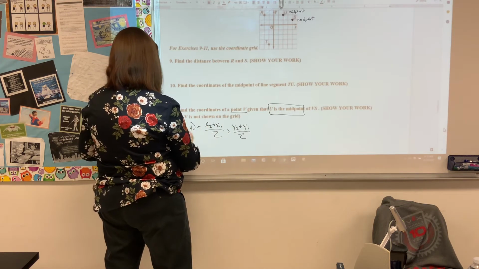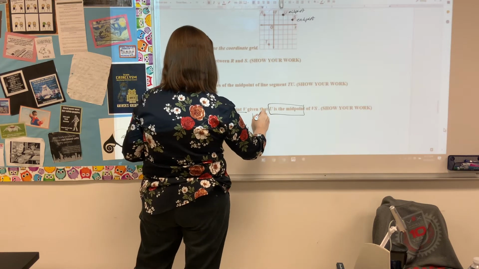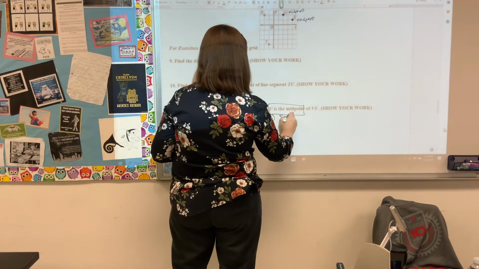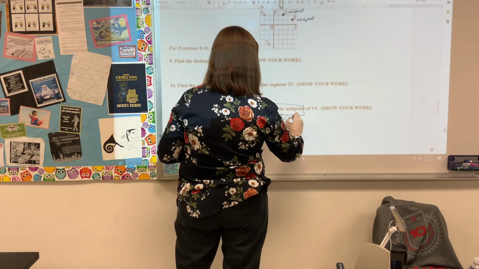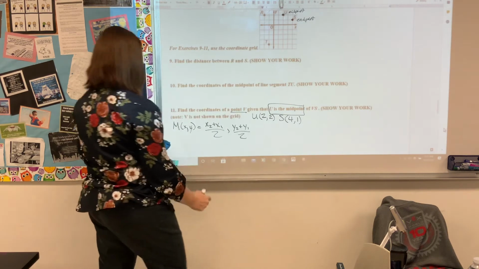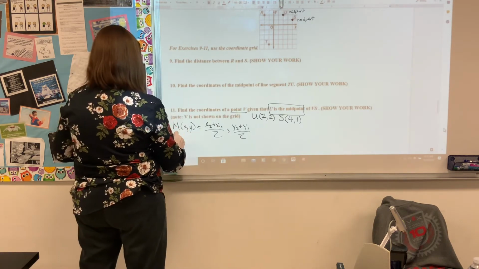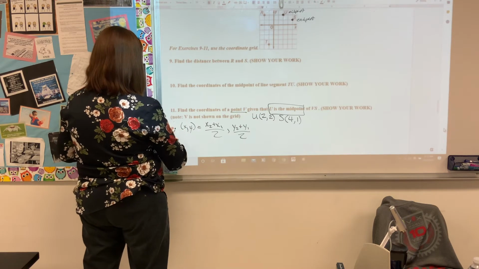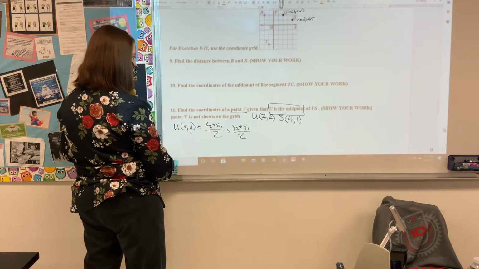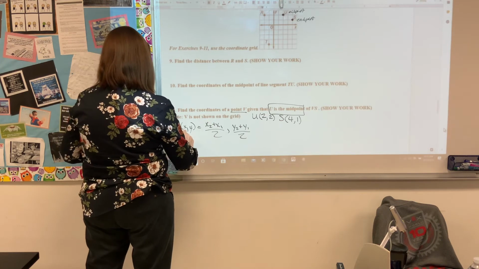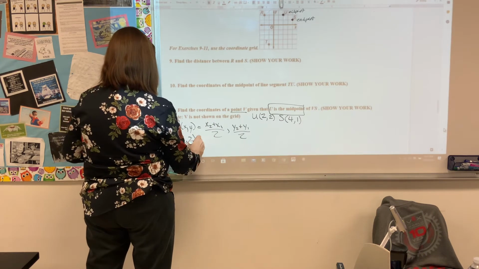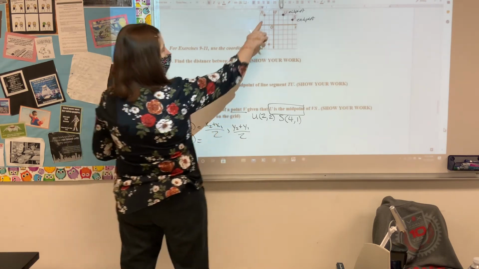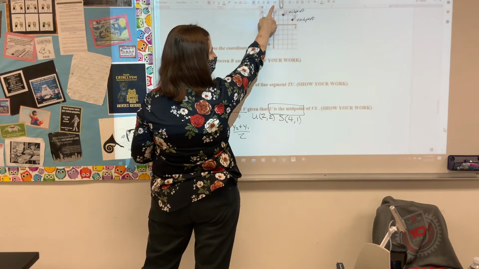So I have U located at 2, 2, and I know that S is located at 4, 1. So my midpoint, which is really, in this case, U, 2, 2 is equal to, now, this appears to be X1, this is X2.